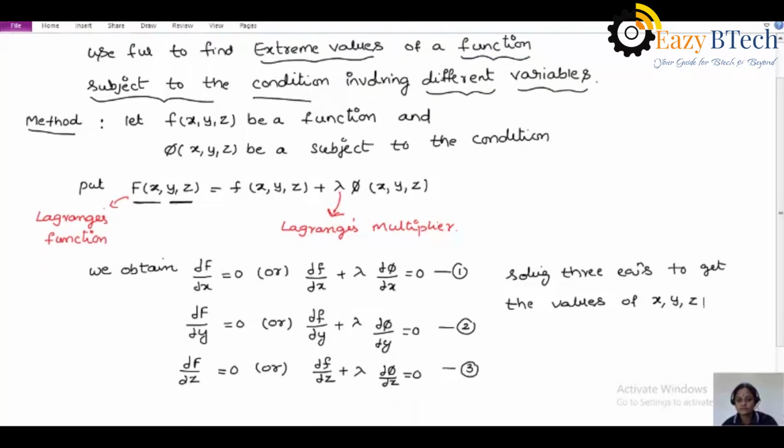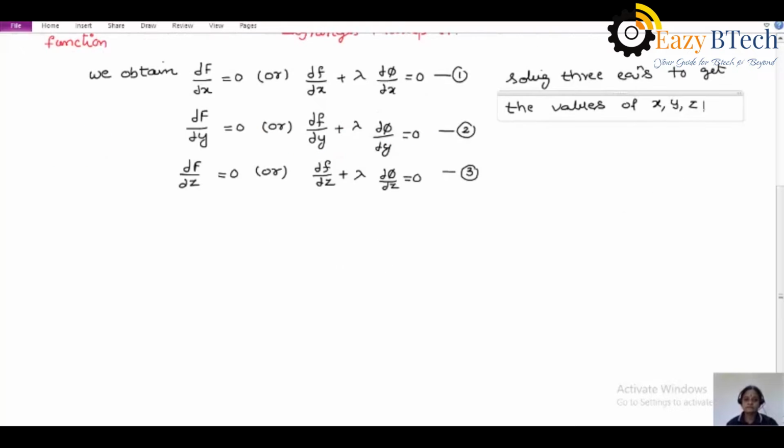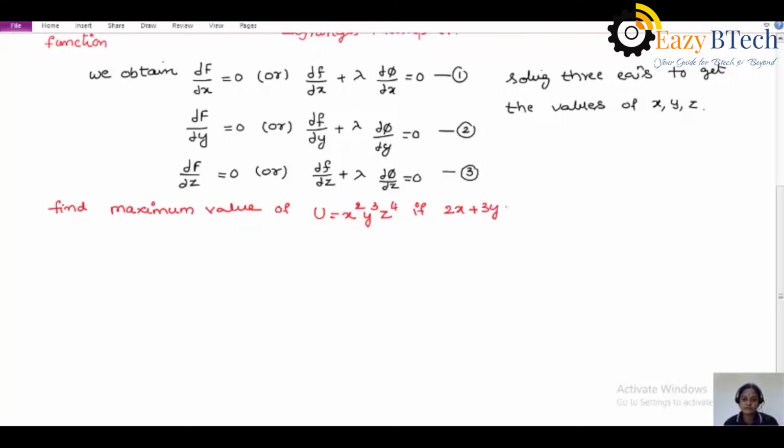So here is the problem according to Lagrange's method. Find the maximum value of u is equal to x square y cubed z power 4 if 2x plus 3y plus 4z is equal to a.